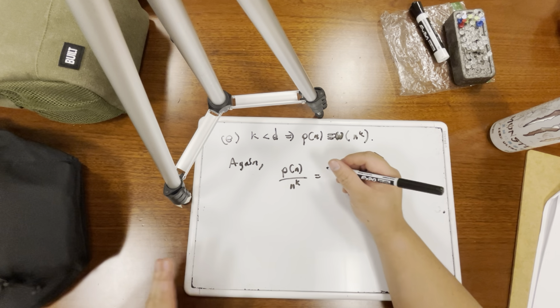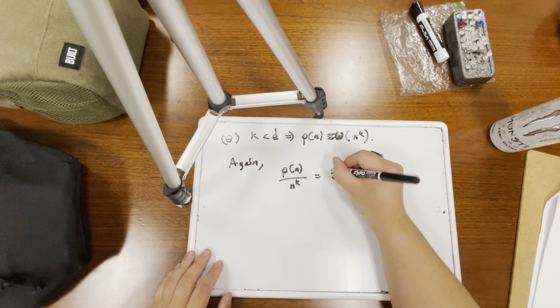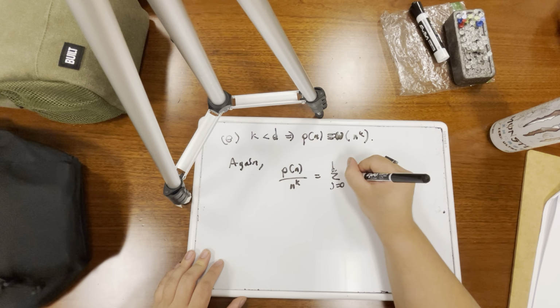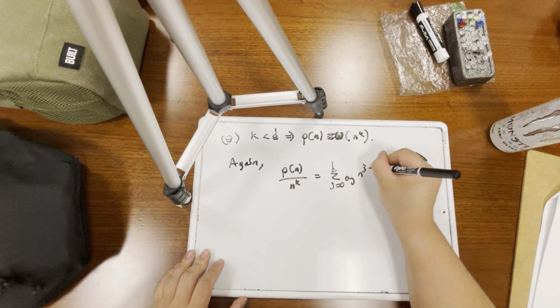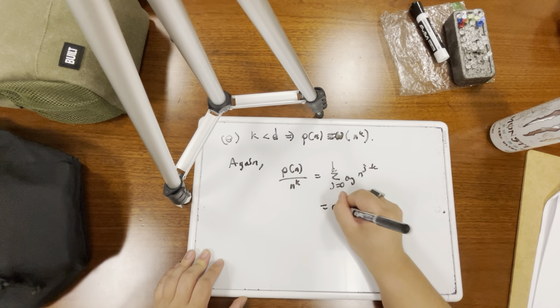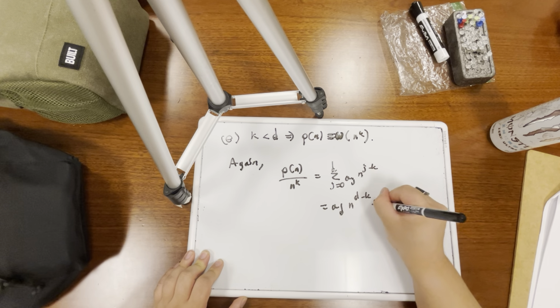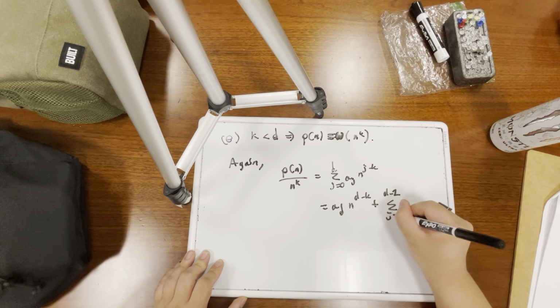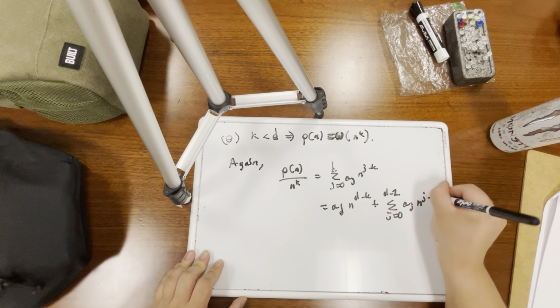So P of n over n to the k is equal to the summation from j equals 0 to d of a sub j times n to the j minus k, which is equal to a sub d times n to the d minus k, plus the summation from j equals 0 to d minus 1 of a sub j times n to the j minus k.